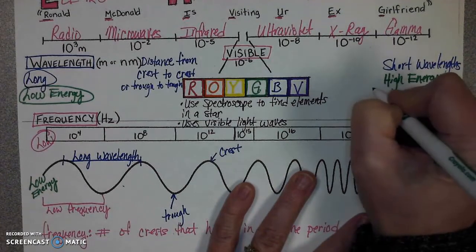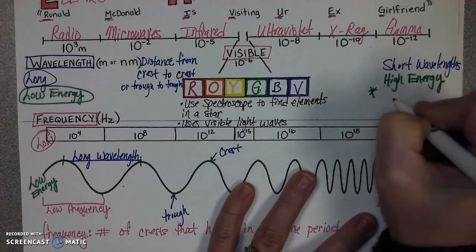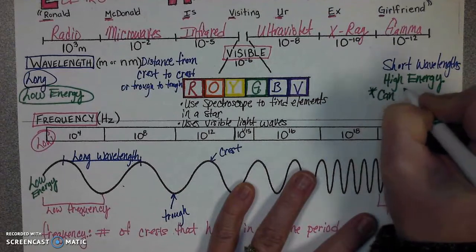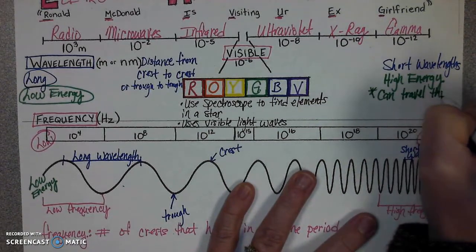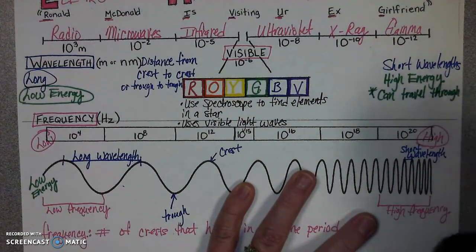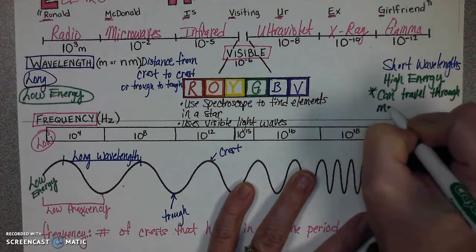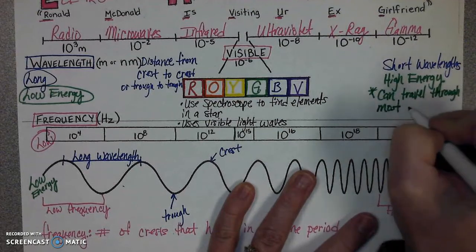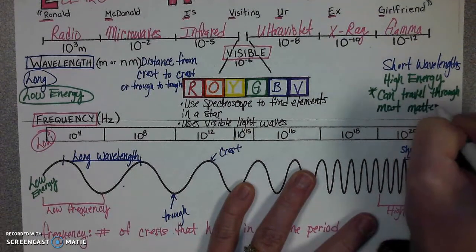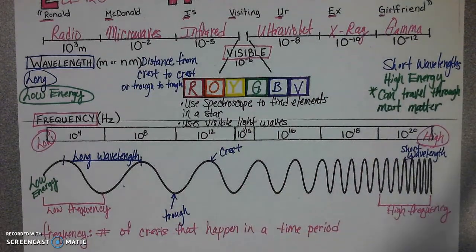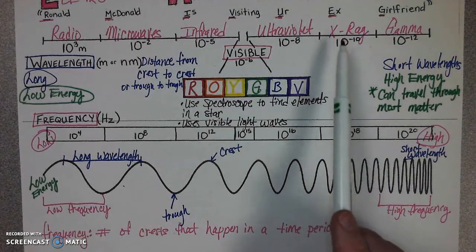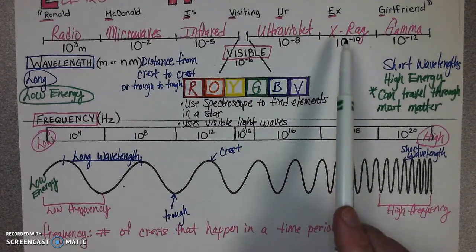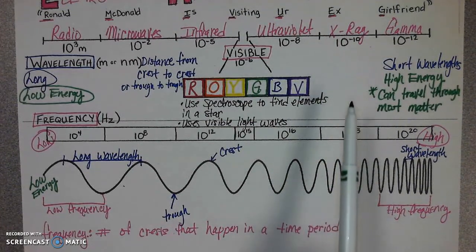What is interesting about this is this energy can travel through most matter. That's why it's important when we get x-rays, we put those really heavy metal jackets on. This is preventing those x-rays from going through to reach us because they're dangerous.